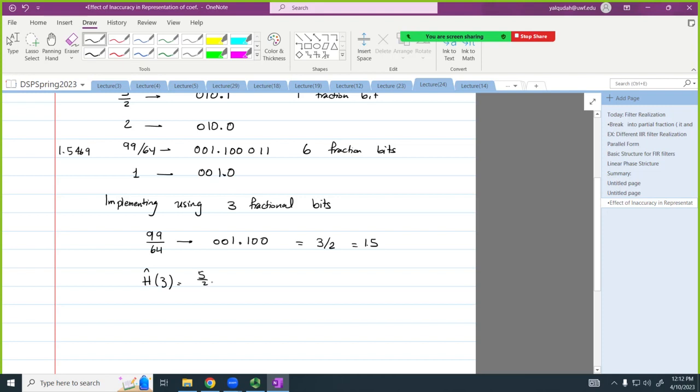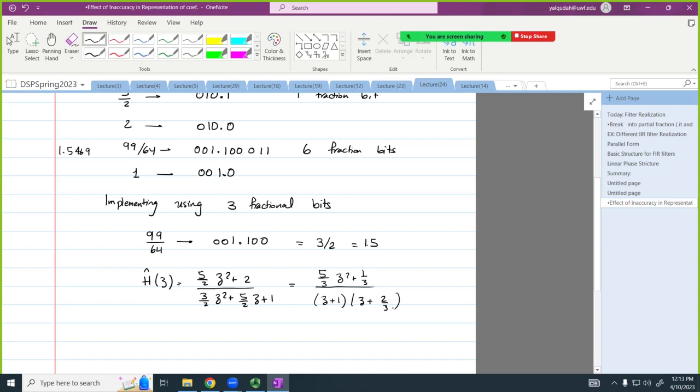All of a sudden, it is equal to (5 over 2 z squared plus 2z) divided by (3 over 2 z squared plus 5 over 2 z plus 1), which is going to equal (5 over 3 z squared plus 4 over 3 z) divided by (z plus 1)(z plus 2 over 3).